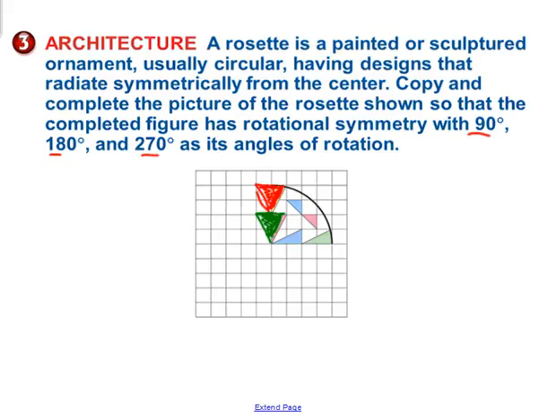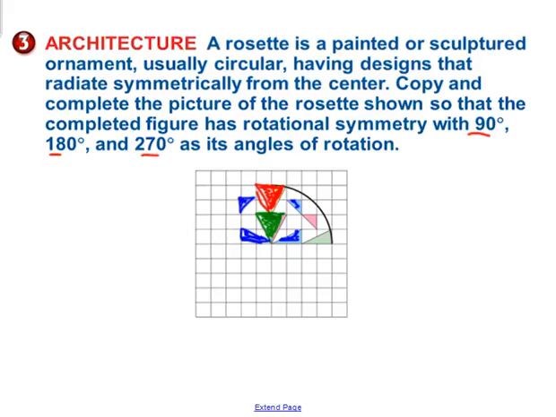The blue would go over 2 and up 1. So the blue would match there, assuming these two colors of blue are the same. This blue would go over 1, 2. This would be my corner. So those would match.